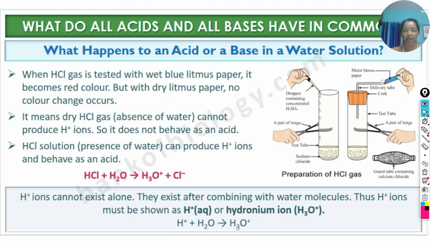This is how the hydronium ion is formed. So you have to write either H plus aqueous or H3O plus. That is the hydronium ion. So the reason for the acidic nature of acids is the hydronium ion or H plus aqueous ion.